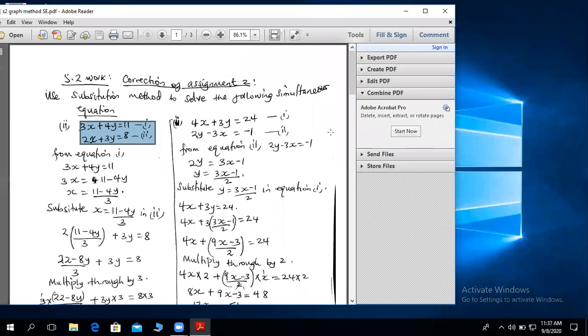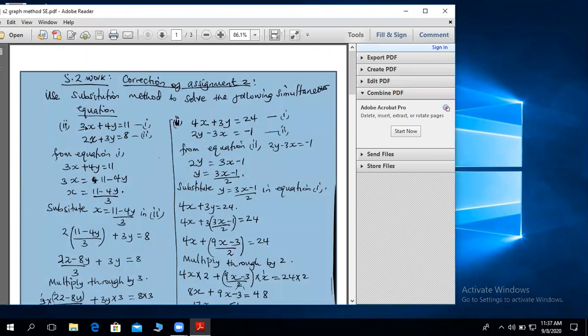Now, in this correction, I will only take you through one example. One correction, then I will leave the other one for you. In this question 2, I am saying let's use equation 1.